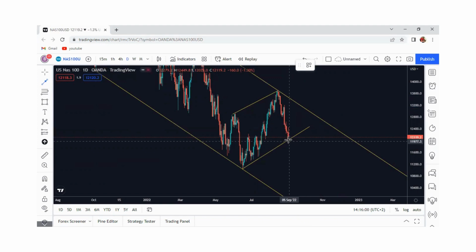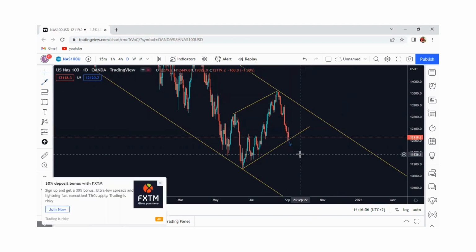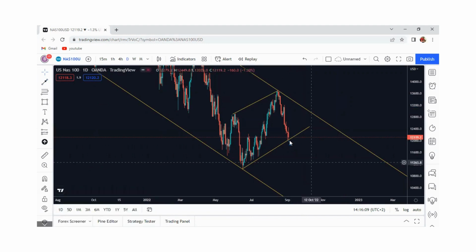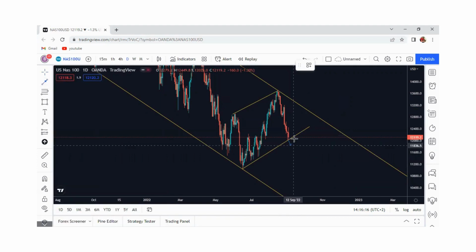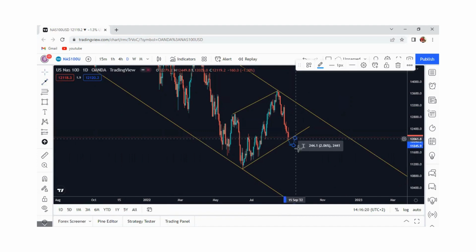In order for me to go in this trade, I have to wait for it to break, then come for a retest on the strong zone that I'm telling you about. Then that's when I can go in. That's where I'll definitely go in.